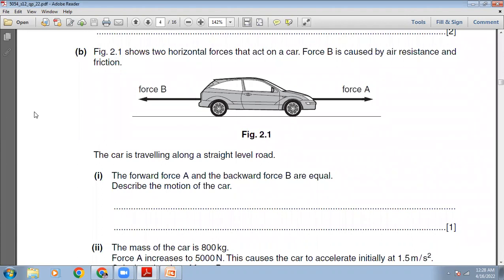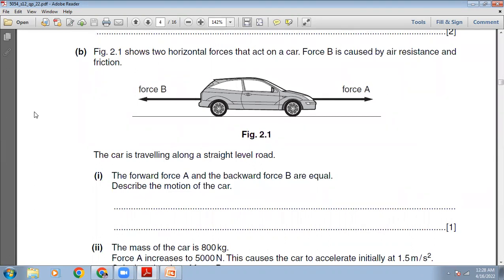Figure 2.1 shows two horizontal forces that act on a car. Force B is caused by air resistance and friction. The car is traveling along a straight level road. The forward force A and the backward force B are equal. Describe the motion of the car.